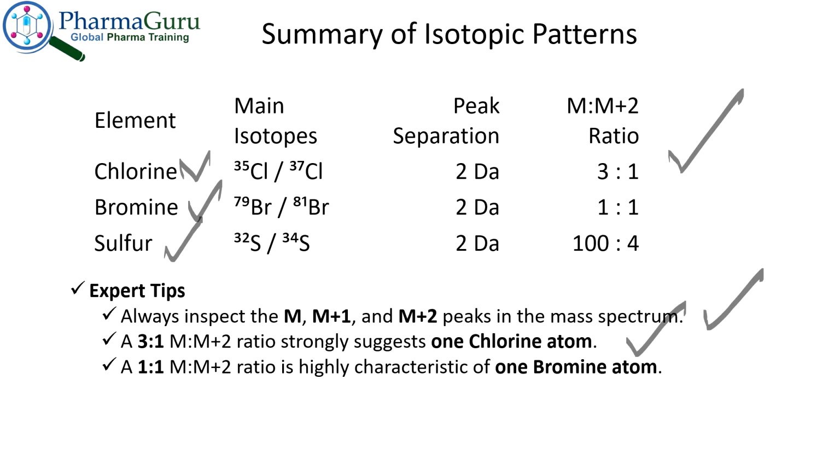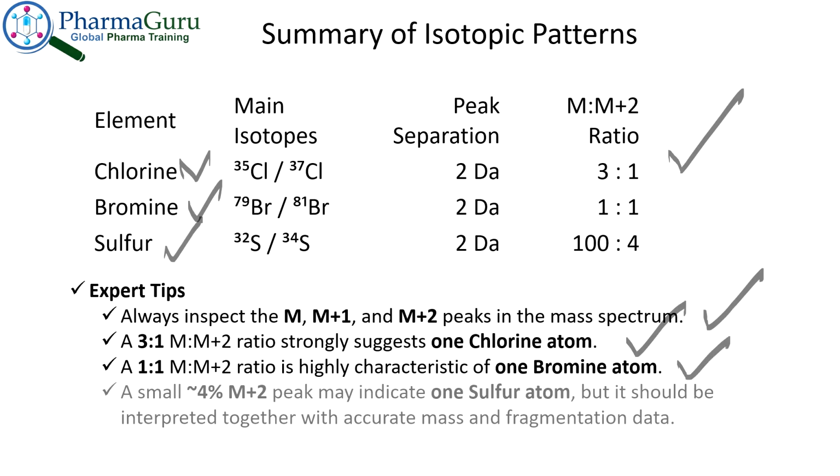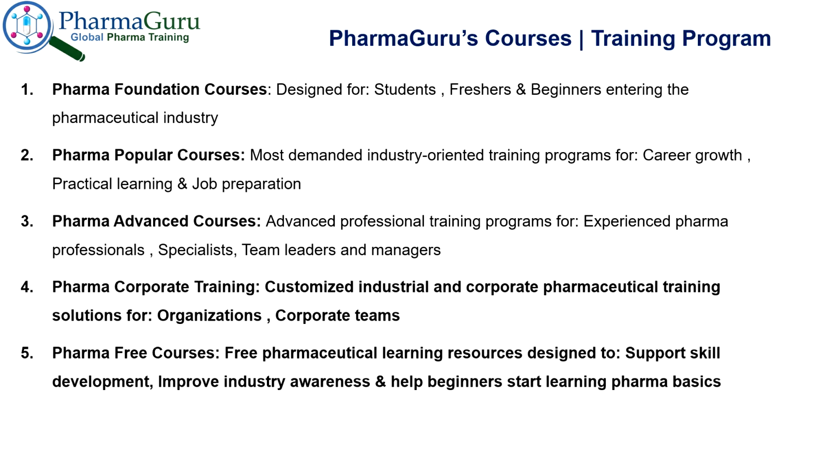A 1:1 M to M plus 2 ratio is highly characteristic of one bromine atom. A small 4 percent M plus 2 peak may indicate one sulfur atom, but it should be interpreted together with accurate mass and fragmentation data. This is all about this video.